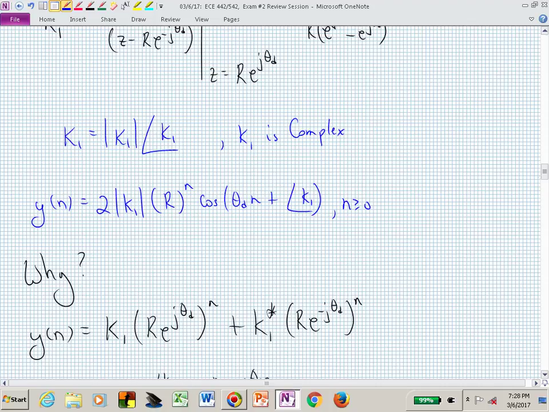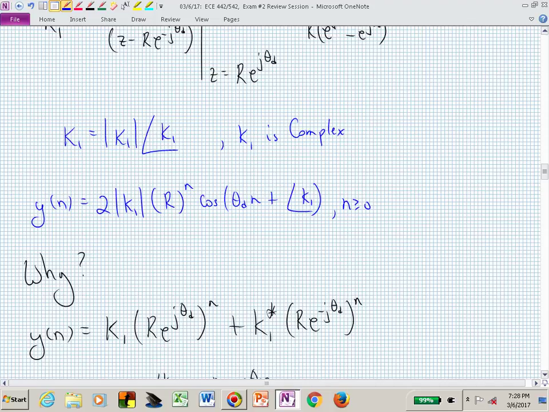Well, we know that the time domain is just the partial fraction coefficient times the pole raised to the n. If it was real, that would be the pole 1/2 to the n. In this case, that pole is complex. It's in polar form, r e to the j theta sub d.